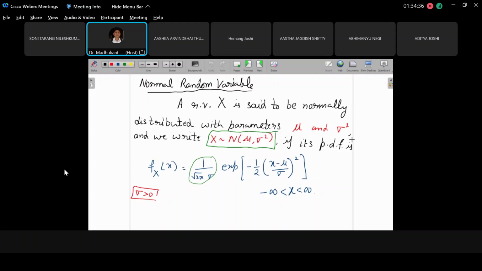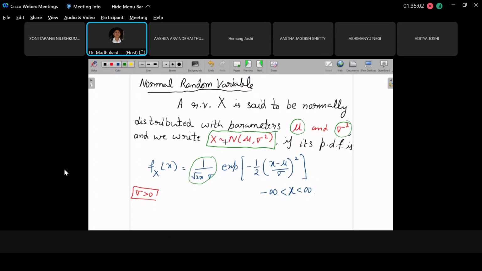A random variable x is said to be normally distributed with the following parameters: one parameter is mu and another parameter is sigma square. These turn out to be the mean and variance respectively for this random variable.